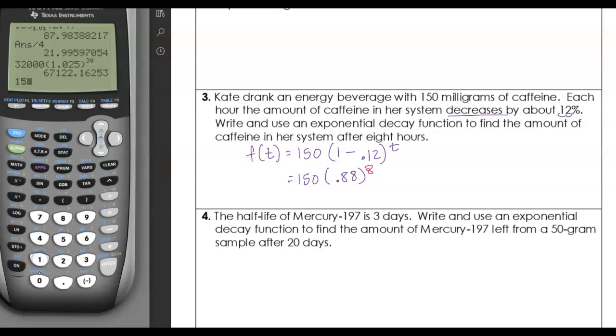So I have 150 times 0.88 raised to 8. Meaning she will have 53.95 milligrams in her system after 8 hours.